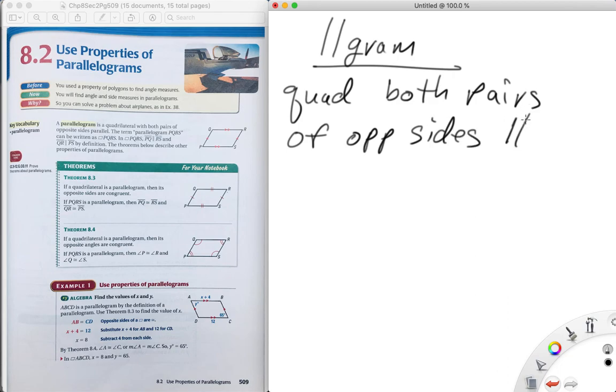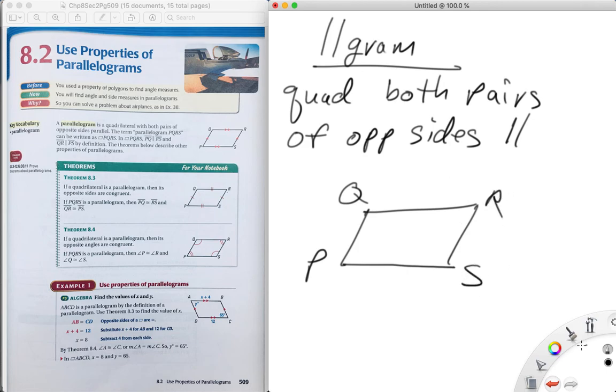Okay. Quadrilateral with both pairs of opposite sides that are parallel. So if we have this particular parallelogram, PQRS, then I know I have a parallelogram because top and bottom are parallel, left and right are parallel.